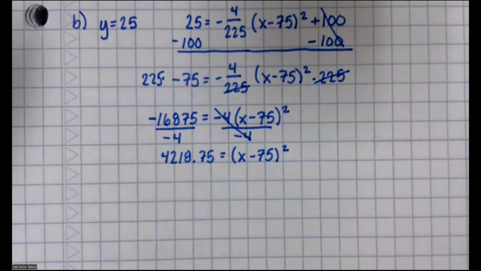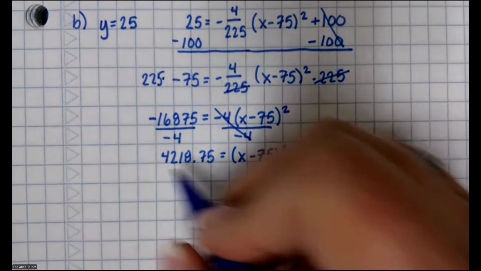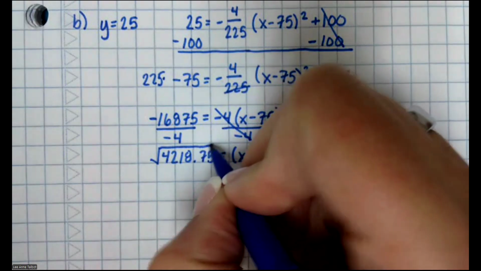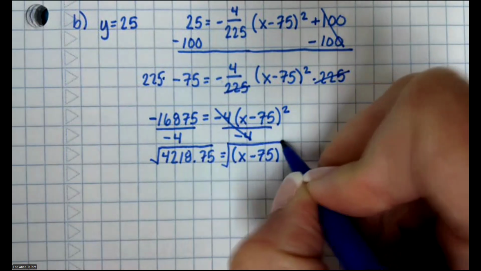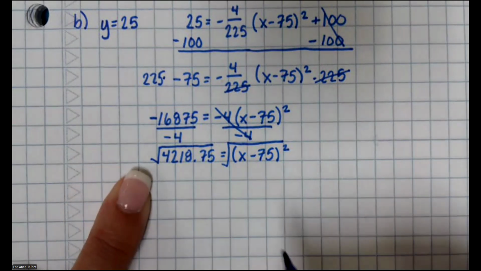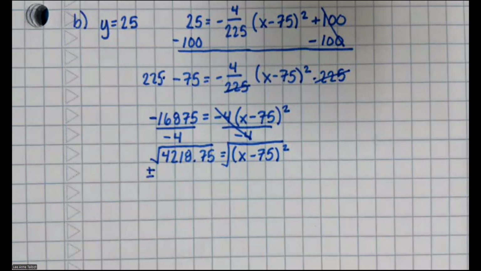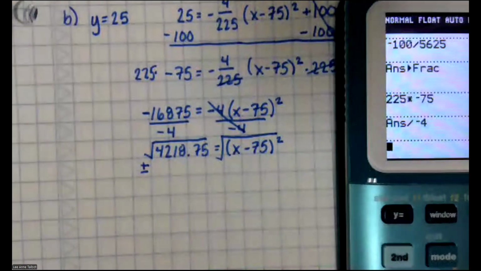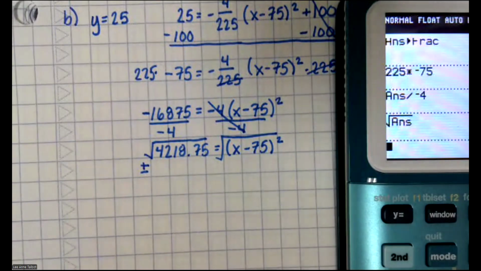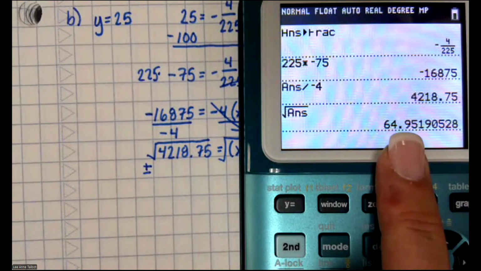Okay, next we're going to square root because the squared is on the outside of the parentheses, which means that happened after the -75. However, it's really important that you remember when you square root both sides, plus or minus. I got 64.95.